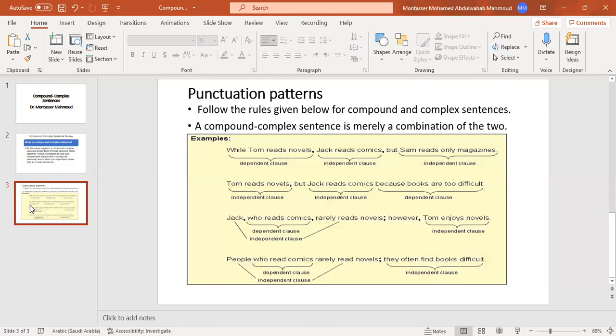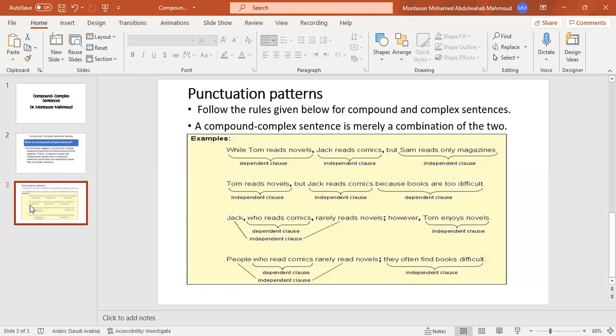Very good. And the idea is complete. And here between the two commas, we have a relative pronoun, who reads comics. This is a dependent clause. It contains a relative pronoun and a verb. The last sentence, Tom enjoys novels. This is another independent clause. We have the subject Tom, the verb enjoys, and the idea is complete.